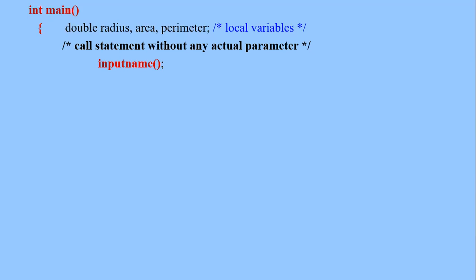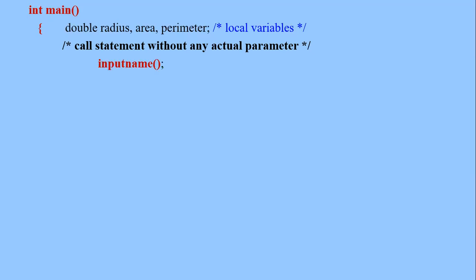This call statement is not setting any parameters to the function being called input name. So this statement is just giving the processor an opportunity to perform the tasks under the input name function. So what will input name do?